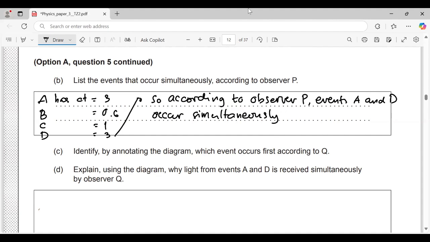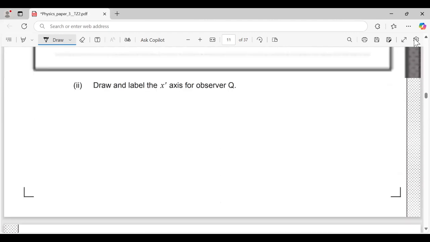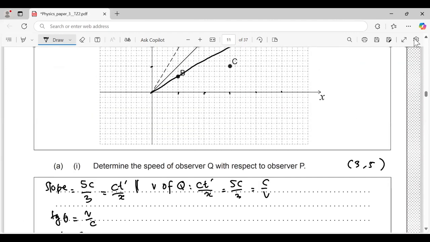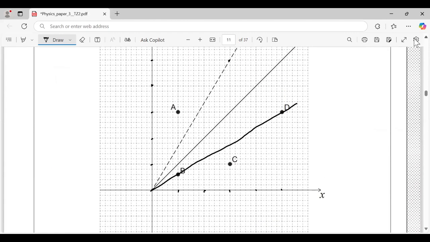Identify by annotating the diagram which event occurs first according to Q. Right. We are going to return to this diagram.